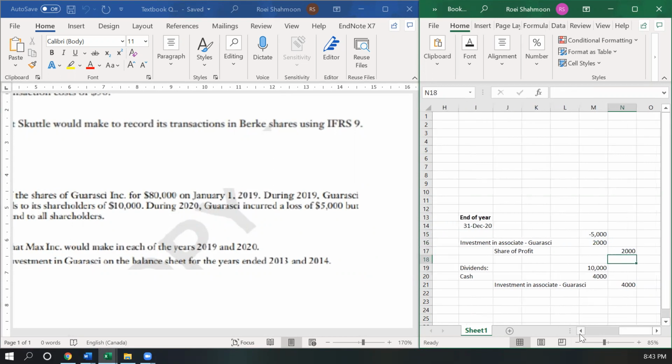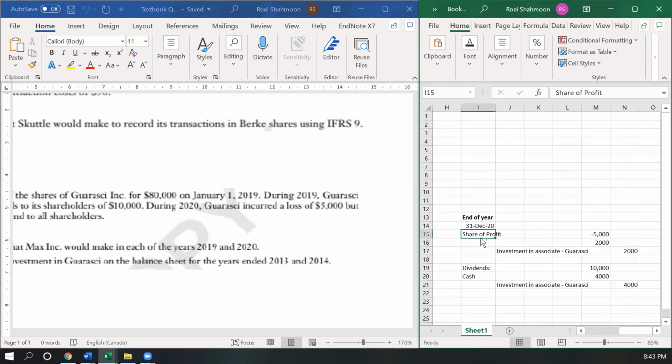And something needs to change here because share of profit, wait a minute, I'm not making a profit. I am making a loss. Share of loss. Okay, so this is the loss. That's why we debit this account, which means my income goes down. And we credit our investment account, meaning our investment account goes down.